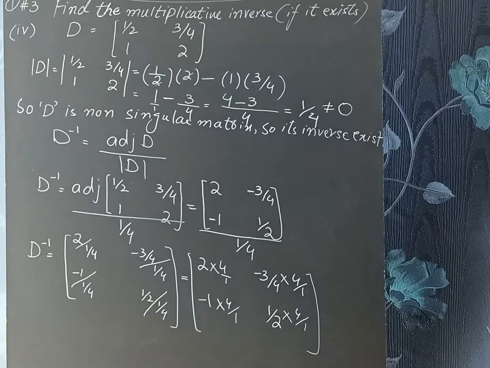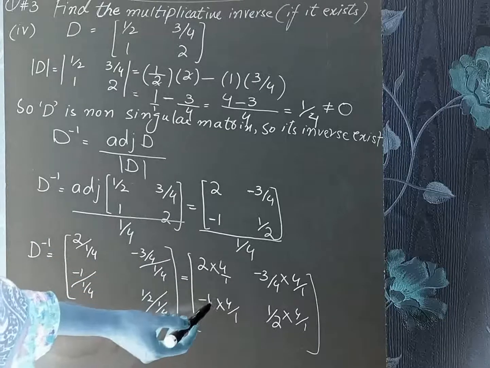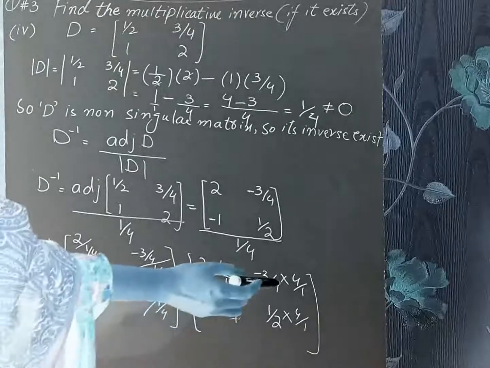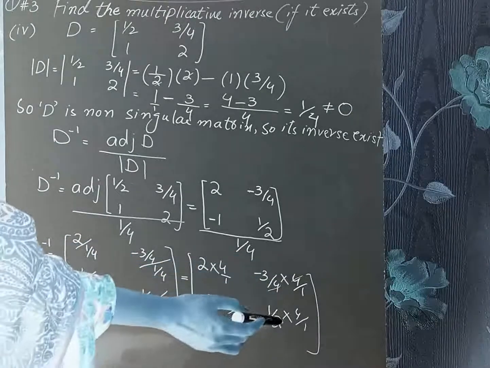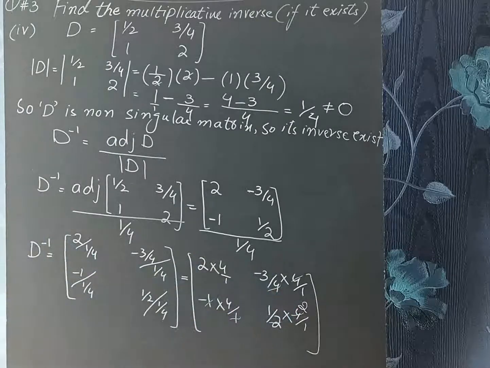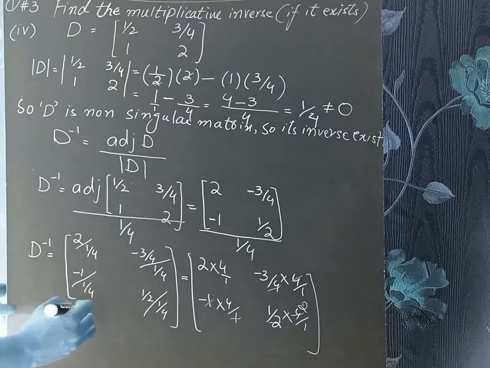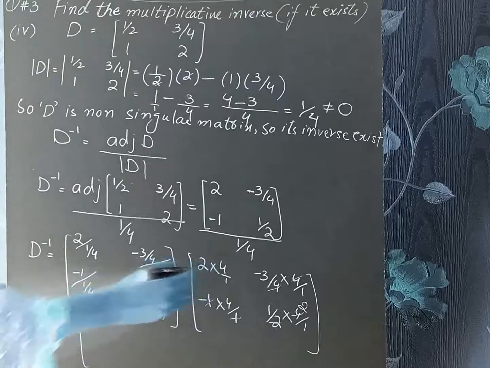Now you can see which same factors we can cancel here. Here 1 has no value, 4 can be cancelled by 4. And here is 2. 2 how many times is 4? That is 2, 2 times is 4. So now what is left over here? 4 times 2 is 8.